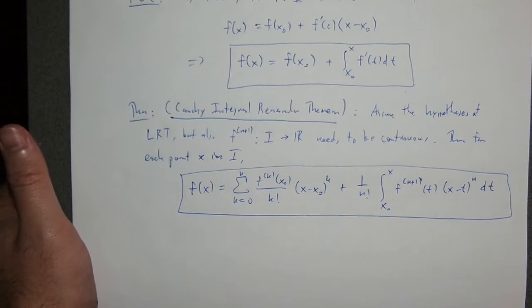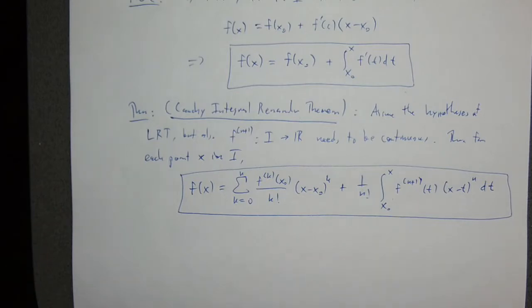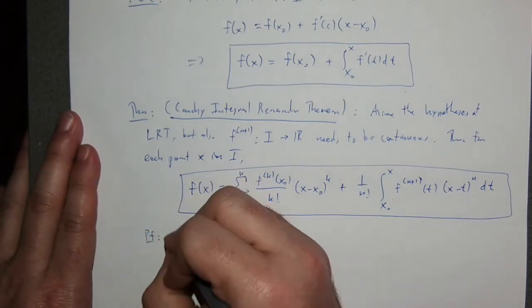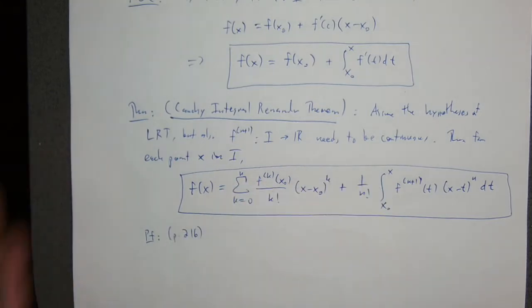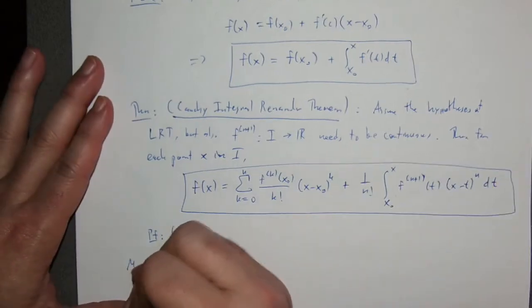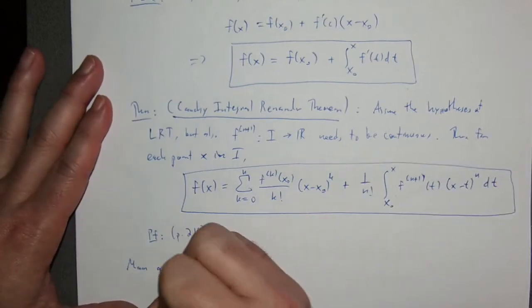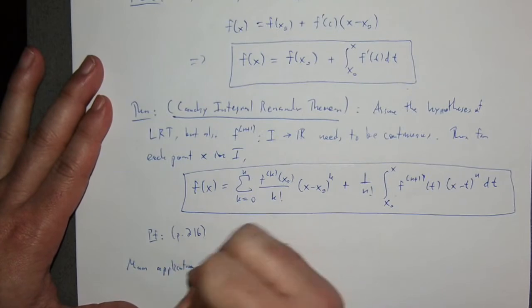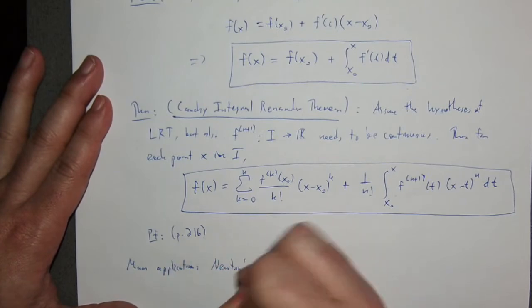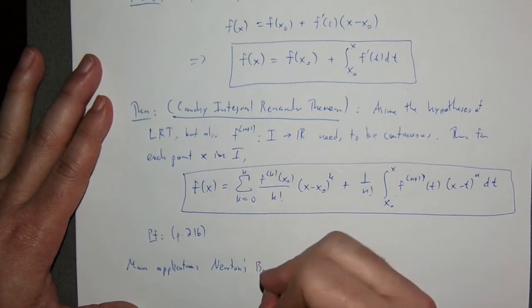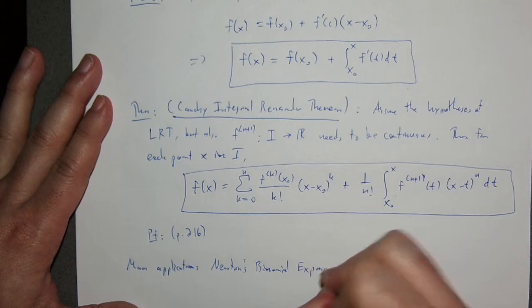So the proof is actually not too bad. You can have a look at page 216. The proof is essentially the first fundamental theorem, and that's basically it. The main application of this is Newton's binomial expansion, which I'm not going to get into.